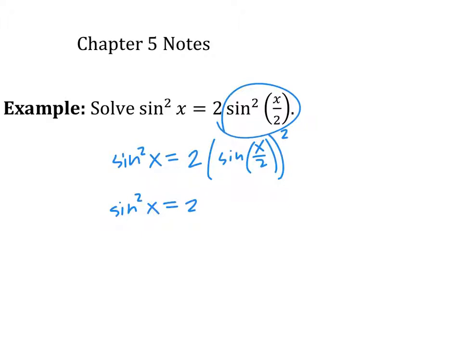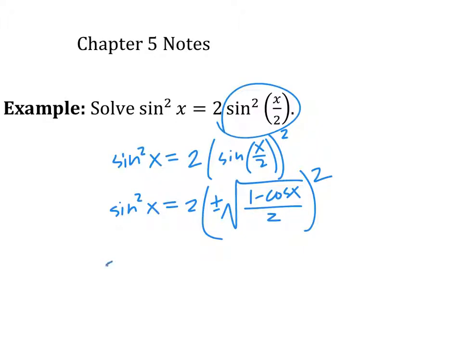If you have two different variables, you cannot solve. You have to change both of them into the same thing. Whether you want that to both be x or x over 2, doesn't matter. I don't know anything that changes from x to x over 2, so we're going to just do this half angle formula. Okay, so this is going to be plus minus square root of 1 minus cosine x over 2, everything squared, because this half angle formula is just this one.